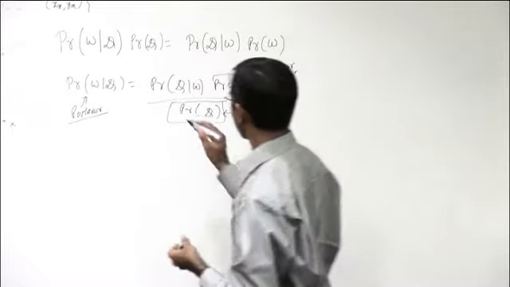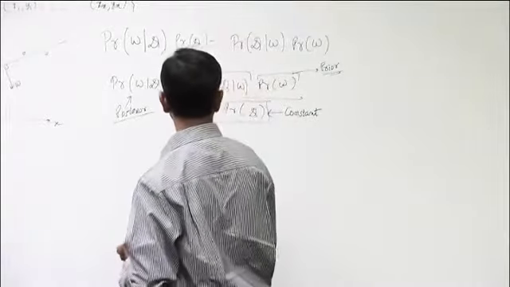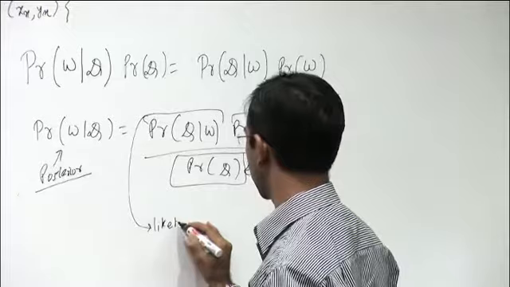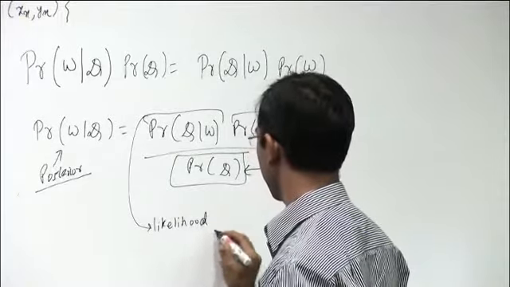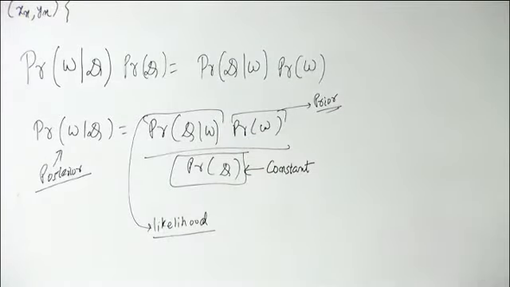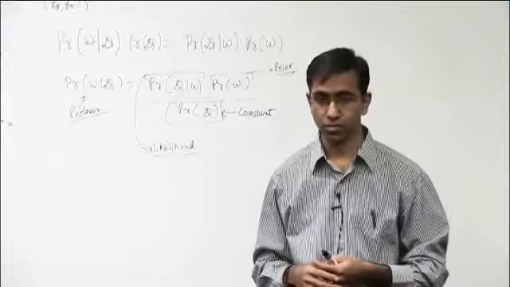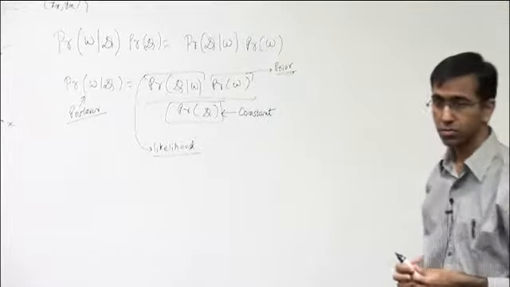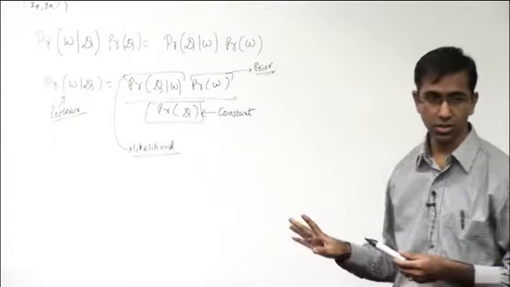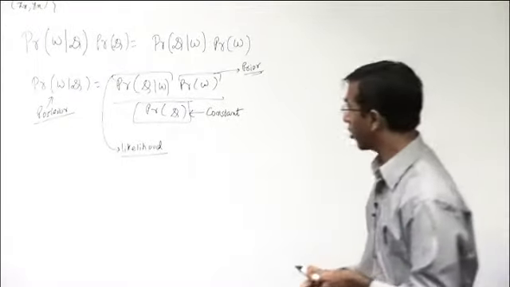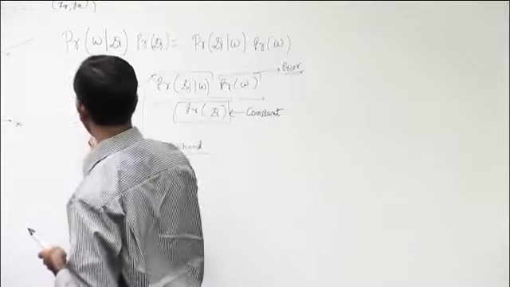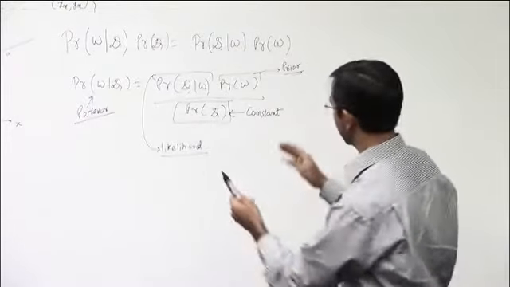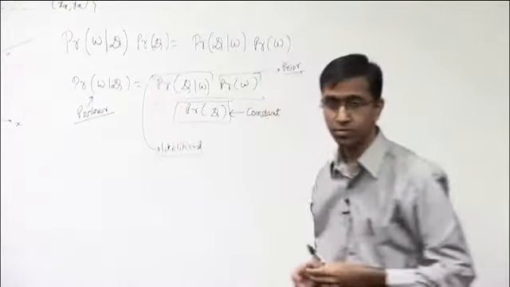And this is called the likelihood. That is, given some w, what is the probability of generation of these training samples? How probable are those training samples? Okay, this is clear.